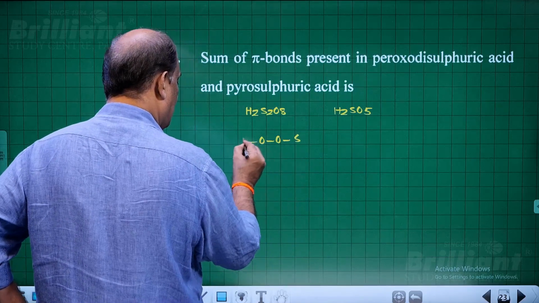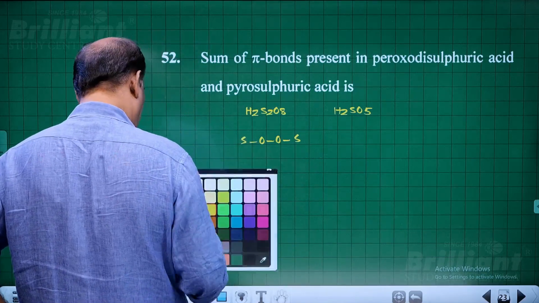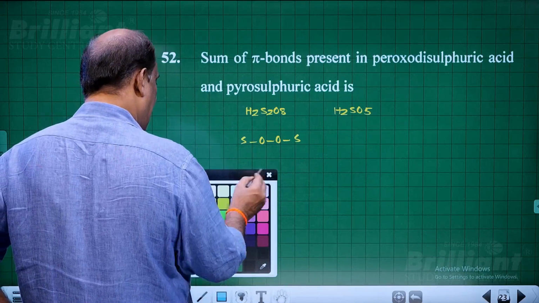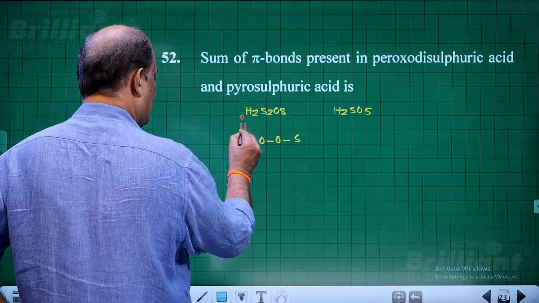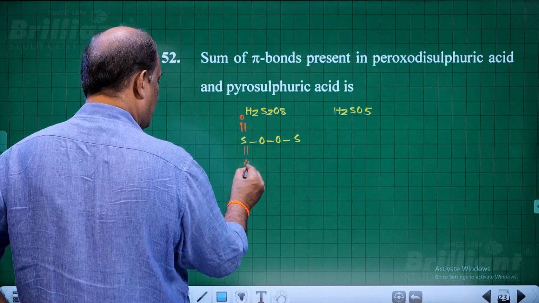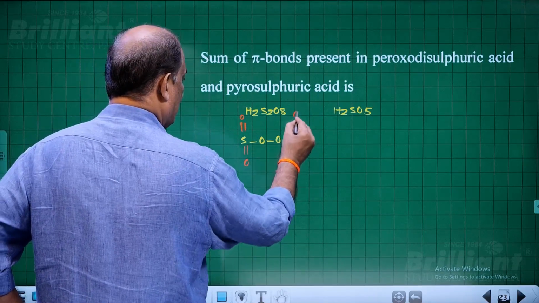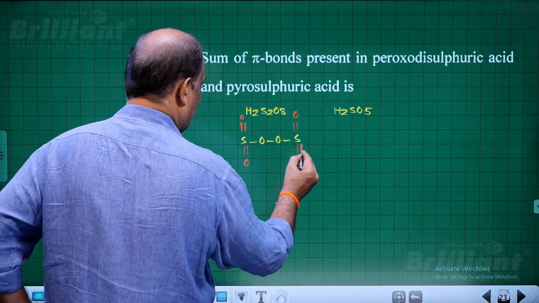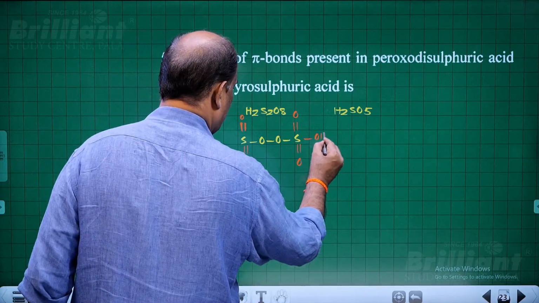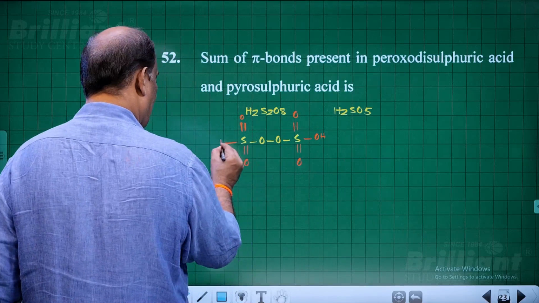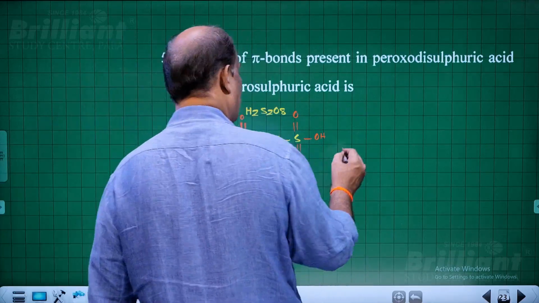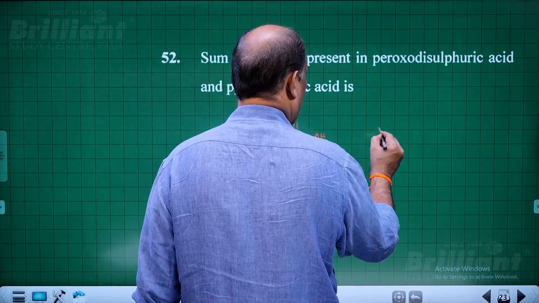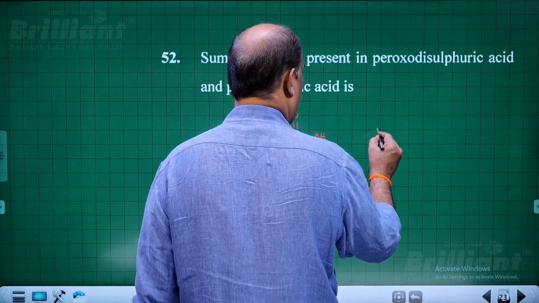Then sulfur is there, with double bonds to oxygens, and again OH, again OH. Pyrosulfuric acid. Pyro means water removal.